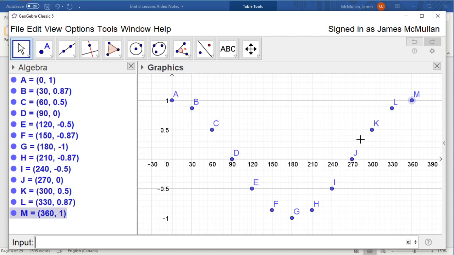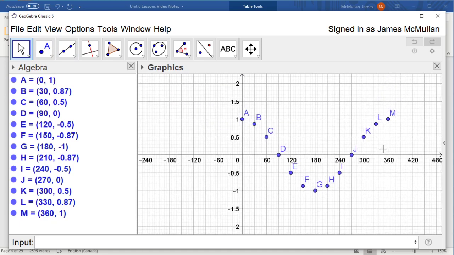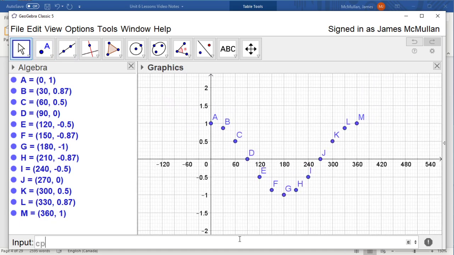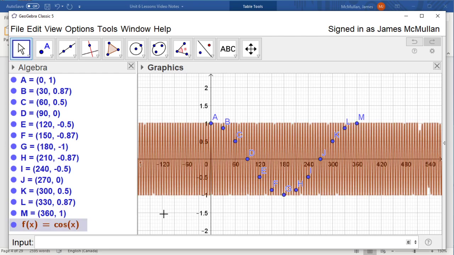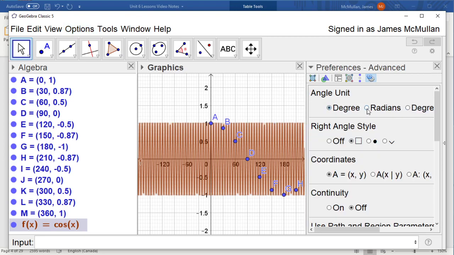Now, cos, when you first look at it, it may not be as obvious that the pattern is actually the same as sine. Let's draw cos. Oops. So here, just to clarify what just happened. When you type cos x in GeoGebra, it probably thinks you meant a different type of angle system.